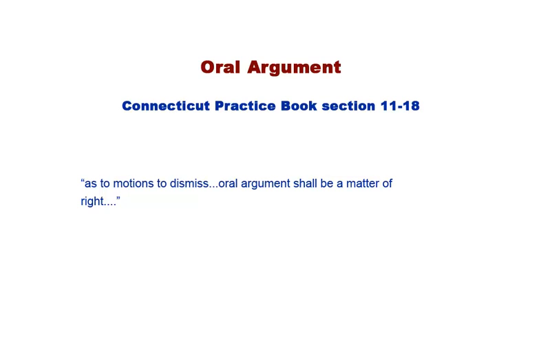Oral argument is when you and the other party or parties come to court and each side presents the reasons why the judge should rule in his or her favor and not in favor of the other side. The judge may ask questions to make sure he or she understands your argument. The judge may make a ruling from the bench at that time or may issue a written ruling later.